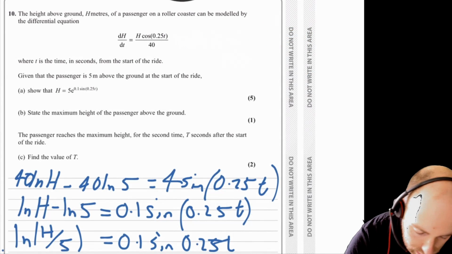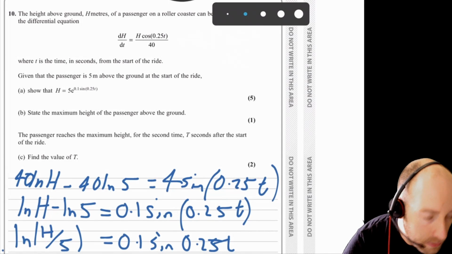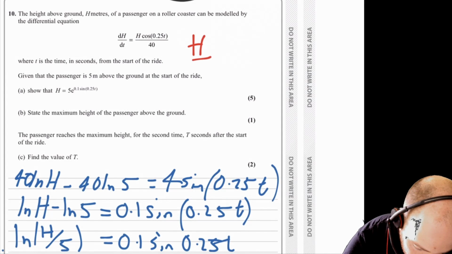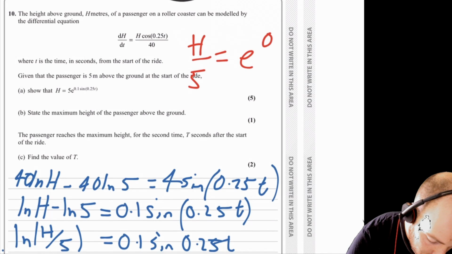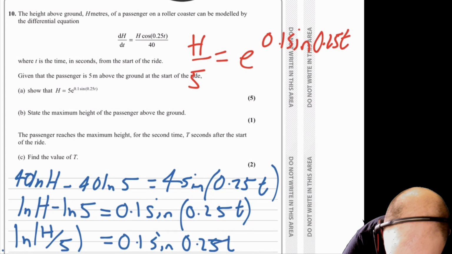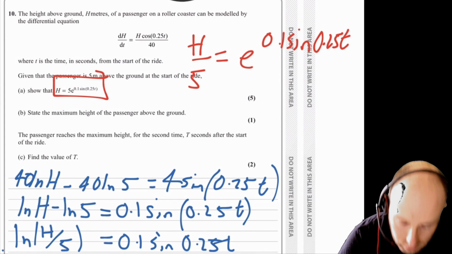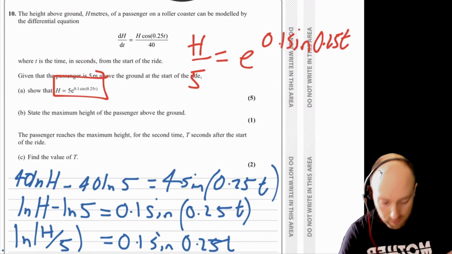Take the exponent of each side, gives us h over 5 is e to the 0.1 sine 0.25t. And then times it by 5, and we get to the thing that we wanted to show. So that's the first bit.